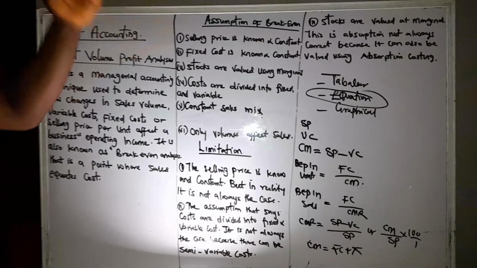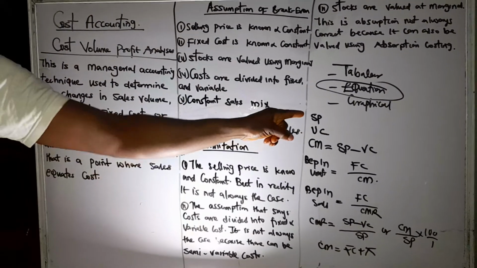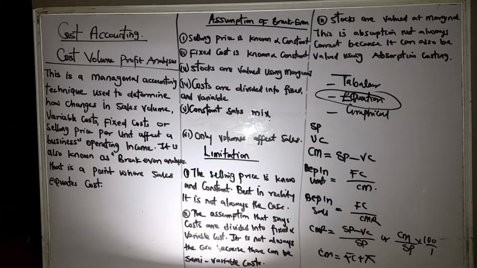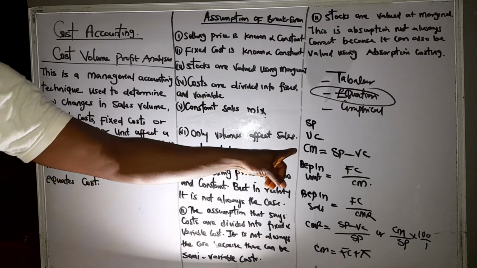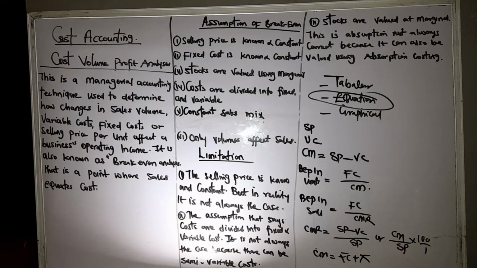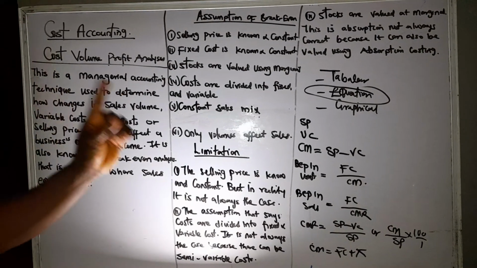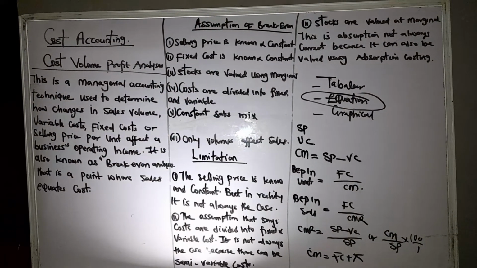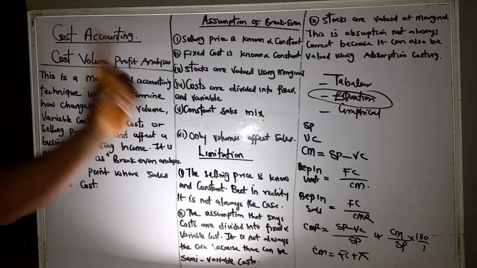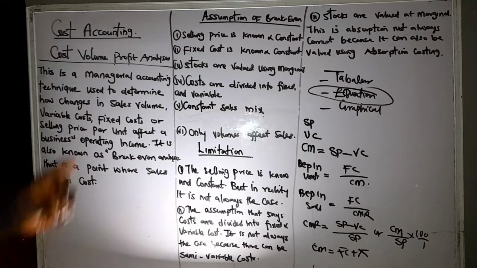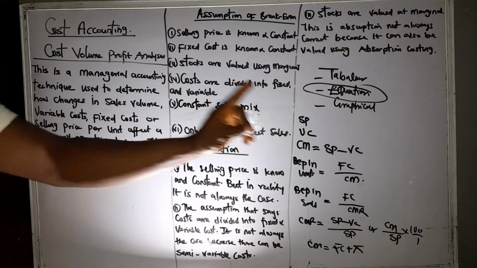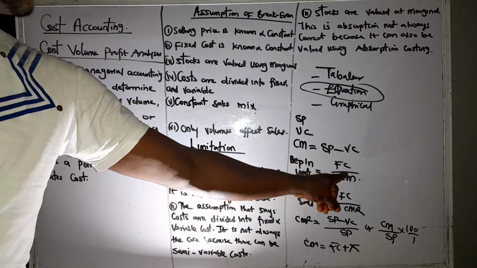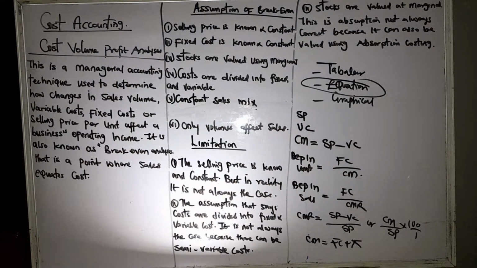Remember the rules. The first thing, you must identify your selling price per unit. You must identify your variable cost per unit. Once that is done, you can get your contribution margin. Also note, fixed cost must be given in every question. Then with that, you can proceed to your break-even point in units, which is the fixed cost divided by contribution margin.